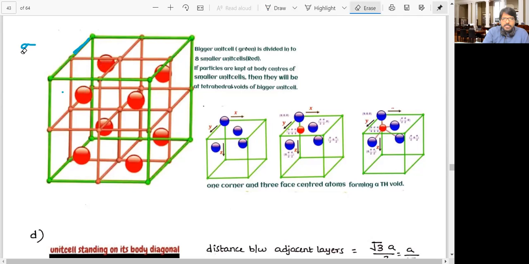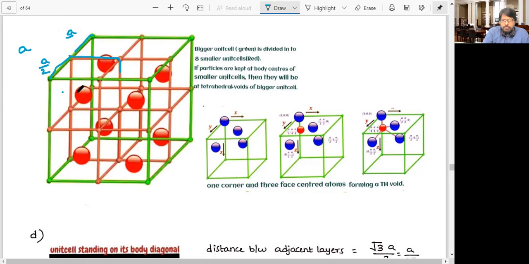You can see here again, if you want. Here, this total distance is edge length A. Now, this is the smaller unit cell. So what is the edge length now of the smaller unit cell? A by 2.